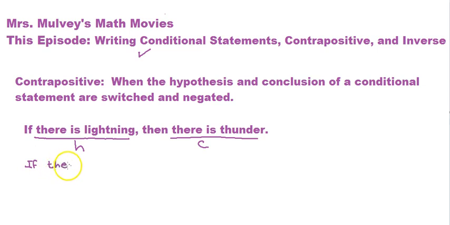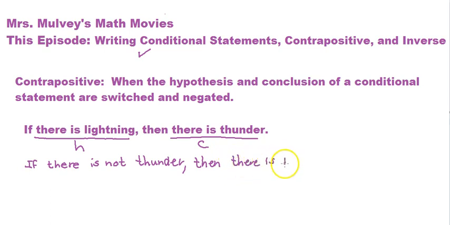And so instead of just saying if there is thunder, because I'm negating it, I'm giving it a not, I'm going to say if there is not thunder, my hypothesis now becomes my conclusion. It goes behind the then, but I also need to negate it. So instead of saying there is lightning, I say then there is not lightning.